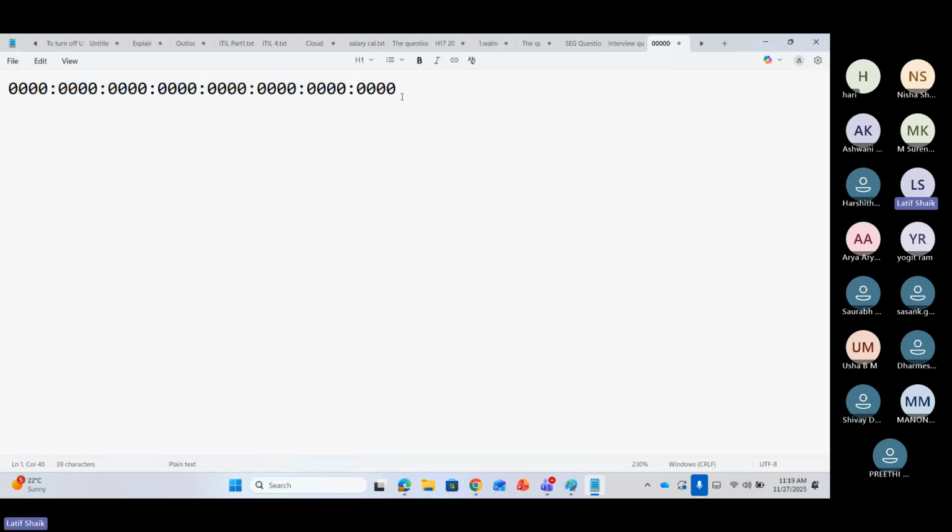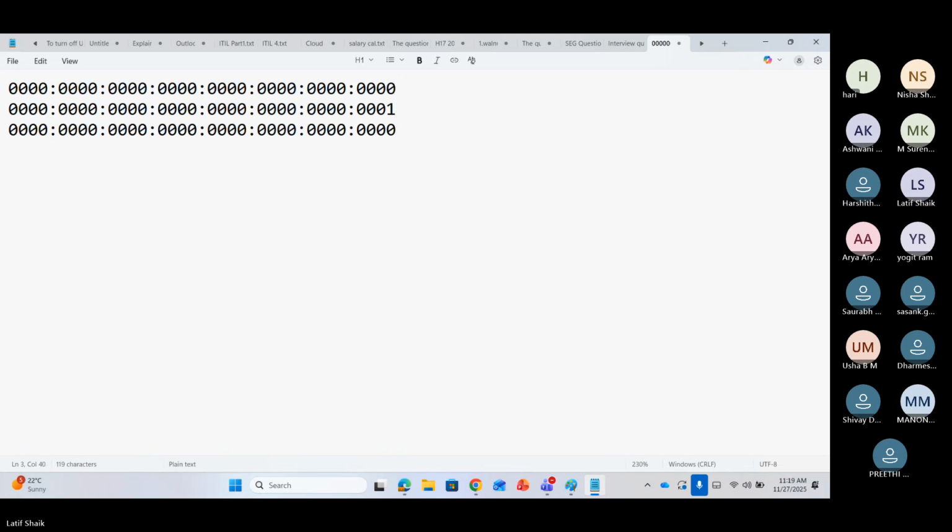So this is the starting one. Actually, if you want to write, this is 1, this is 2. Okay, it's not binary, it is total hexadecimal numbers only. You know what the last one is, F.